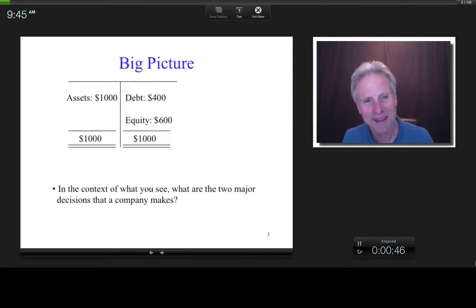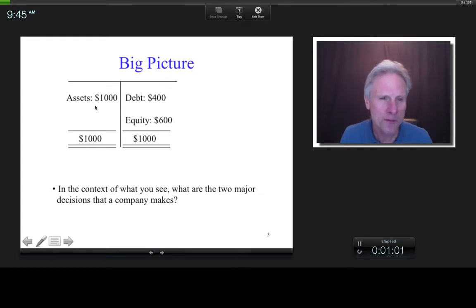So there you see the representation of a firm, and as I mentioned in lecture 1, from this perspective, what two big picture decisions do you see that a company makes? Well, what about this guy right here? That's what I call the asset investment decision.